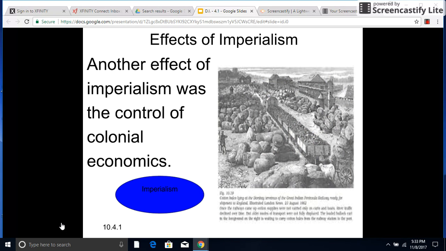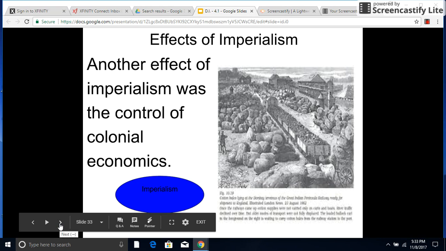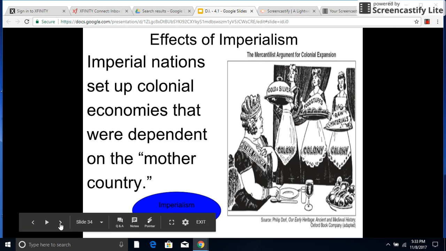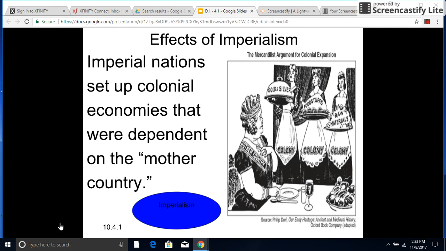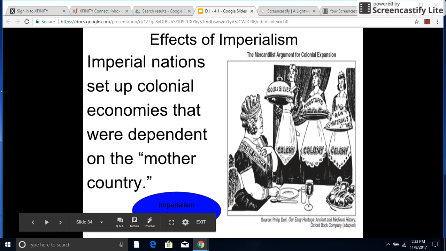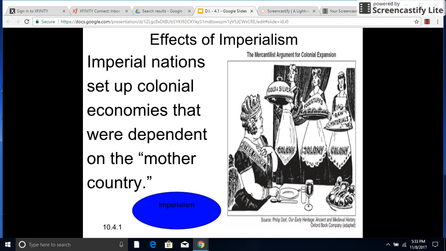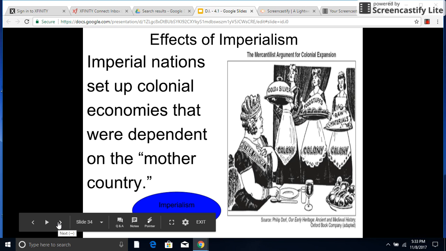Another effect of imperialism was the control of colonial economies. Imperial nations set up colonial economies that were dependent on the, quote, mother country. So the mother country, as shown in this cartoon, like Britain, would get natural resources and raw materials from their colonies. Let's say India, for example.